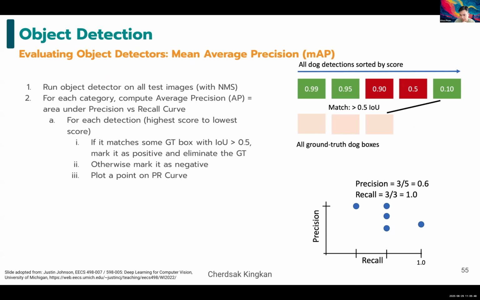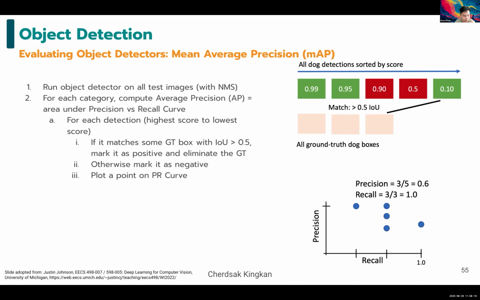So we just match each box with the ground truth based on the threshold of 0.5 IOU. The precision and recall is a straightforward formula. I think it's from the machine learning class. So we just compare the total numbers based on the threshold 0.5, which means that we can adjust this threshold, right?